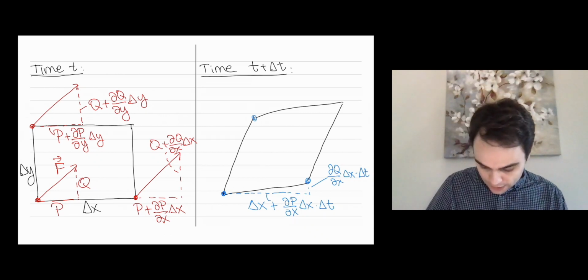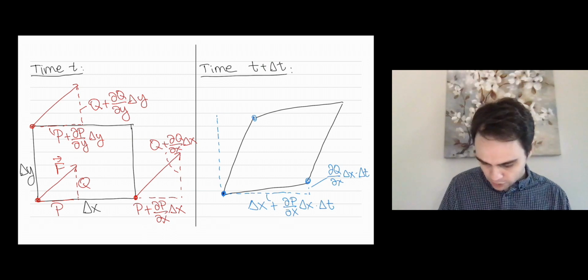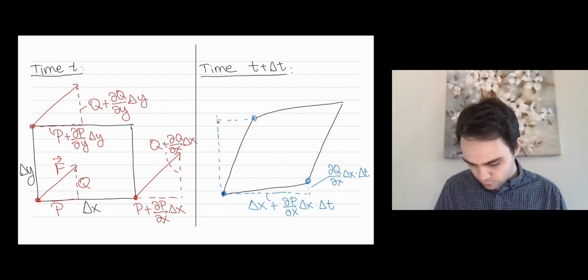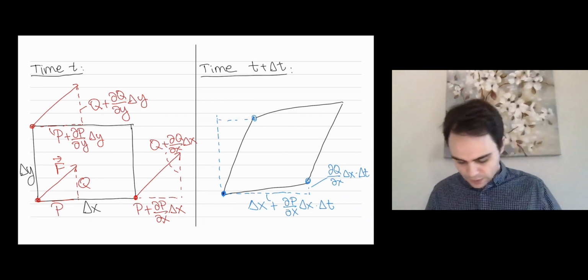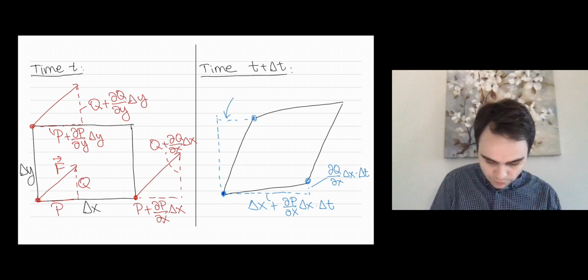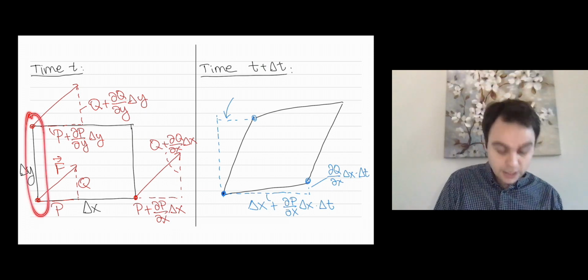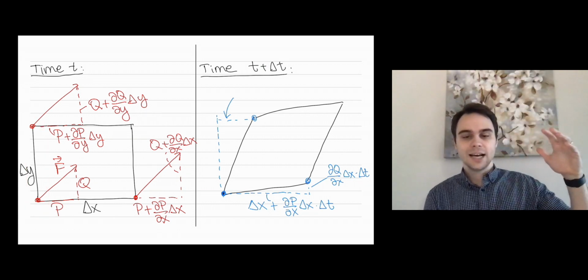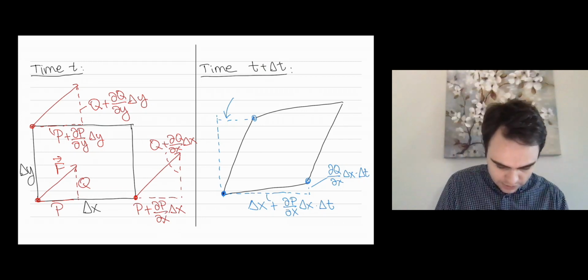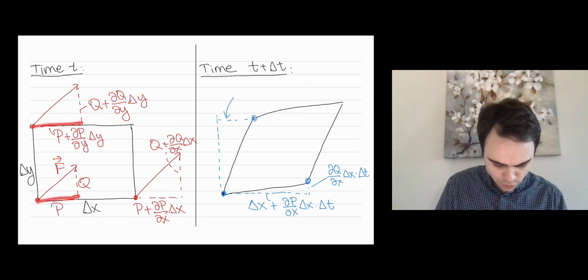Wow, I didn't draw this other difference as small, so this point seems to have moved quite a bit to the right. Let's see by how much. So it moved to the right. At first, the two points on the left had the same x coordinate, but no longer, because the x components of the velocities of the two points are different.